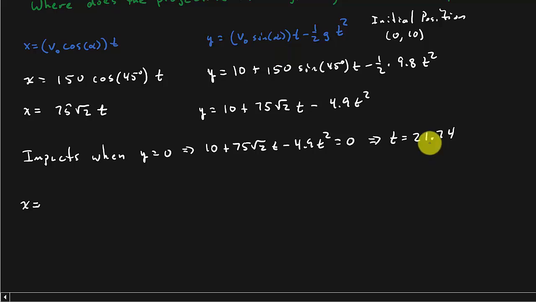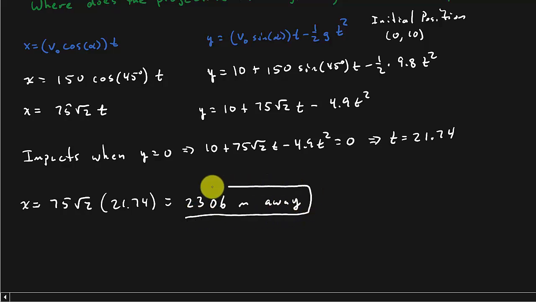So we take the 21.74 and plug it in here. That's 75 square root of 2 times 21.74, and that is about 2,306 meters away. All right, so that's what we were looking for there.